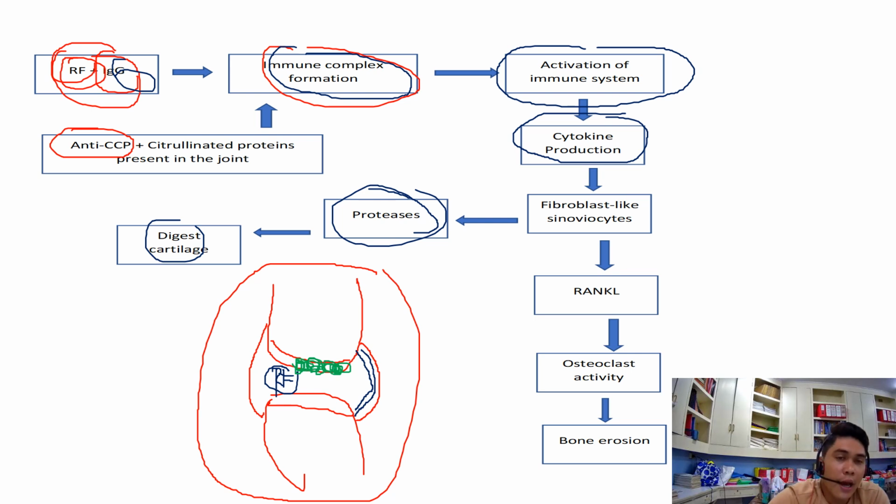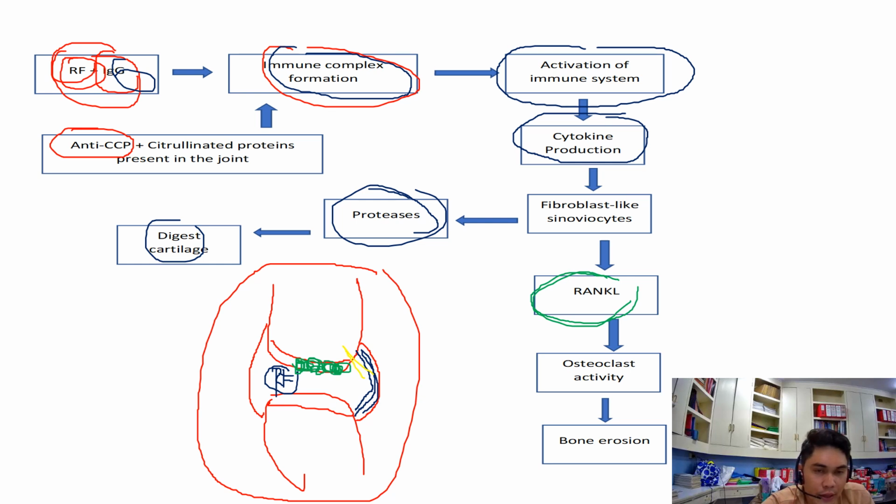Another effect of fibroblast-like synoviocytes is the increased production of RANKL. RANKL is receptor activator of nuclear factor kappa B ligand. RANKL, produced by the fibroblast-like synoviocytes in the synovial membrane, promotes osteoclast activity.